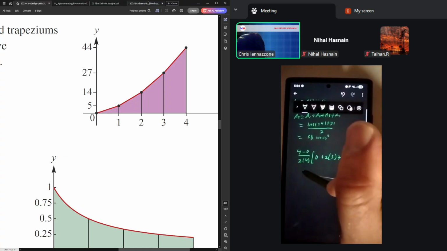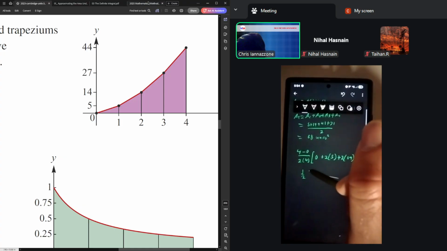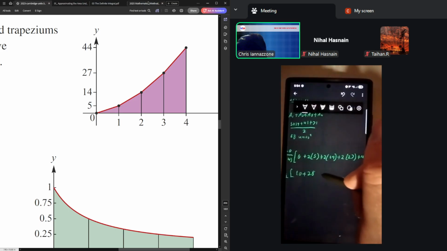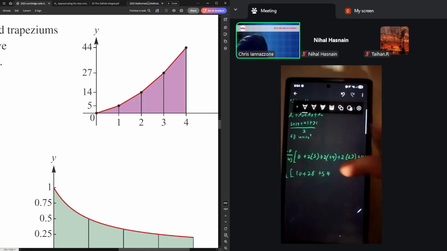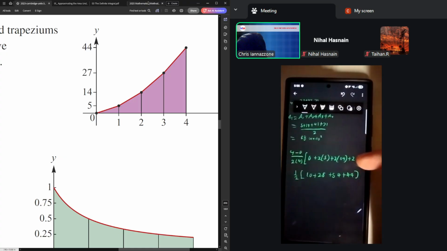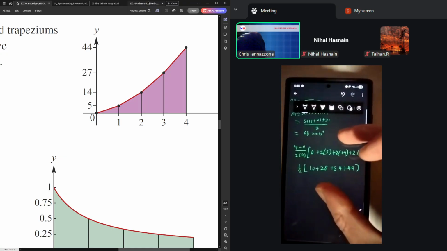The 4s are going to cancel down, leaving us with half. So that's going to get us 10, 28, 54, and 44, which are all the same.